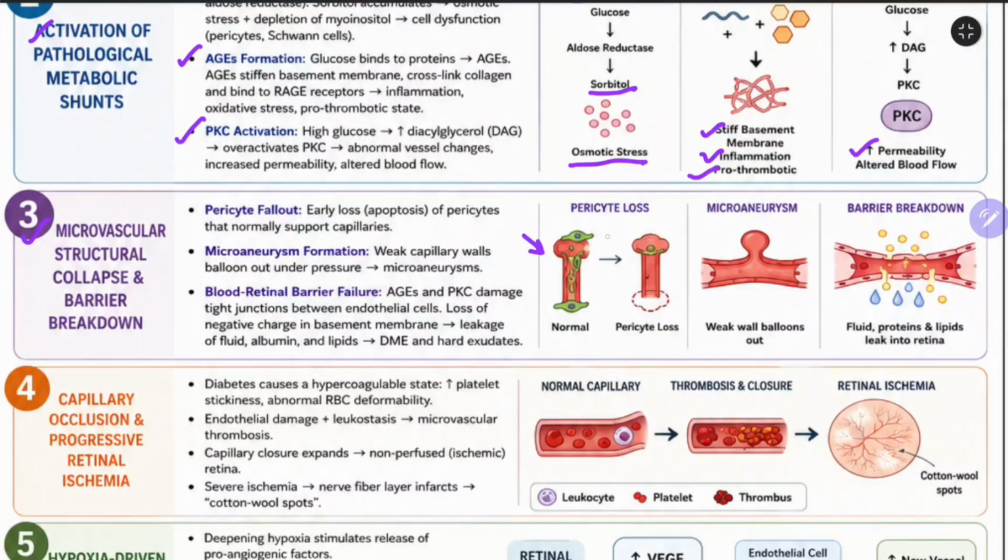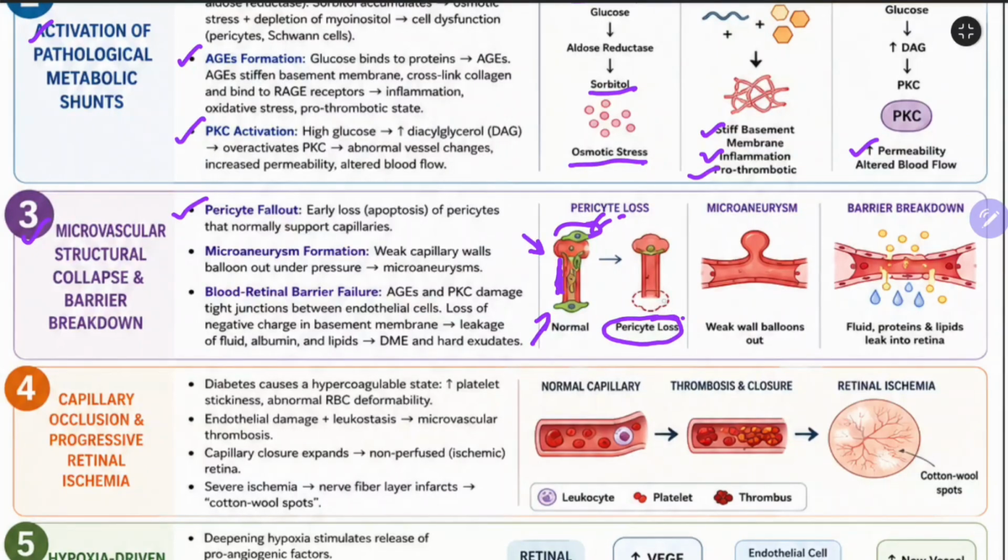It has a blood-retinal barrier in the form of pericytes, and there are tight junctions, and the basement membrane is also thick, of the endothelial cells of this blood vessel. But because of the damage caused by this high glucose concentration, there will first be pericyte fallout. So these cells will fall off, and there will be pericyte loss.